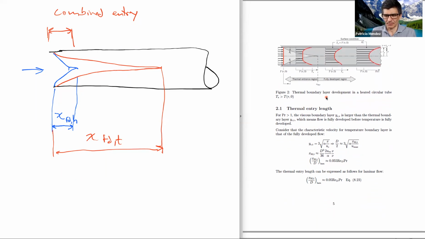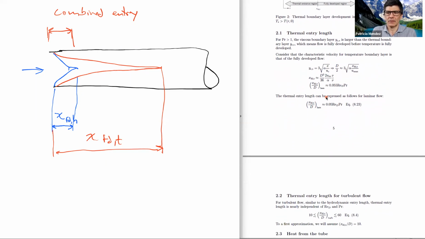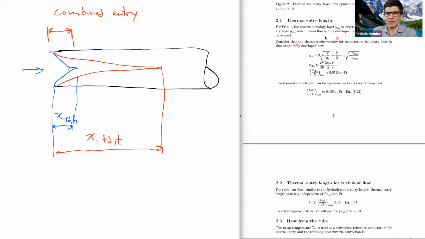So if we want to analyze in our notes the thermal entry length, we would do the same as we did for the hydrodynamic entry length. Here we have the thickness of the thermal boundary layer, and we have a 3 here because this is a case where we're talking about Prandtl more or less like 1 or bigger, and we needed to use Blasius's solution.